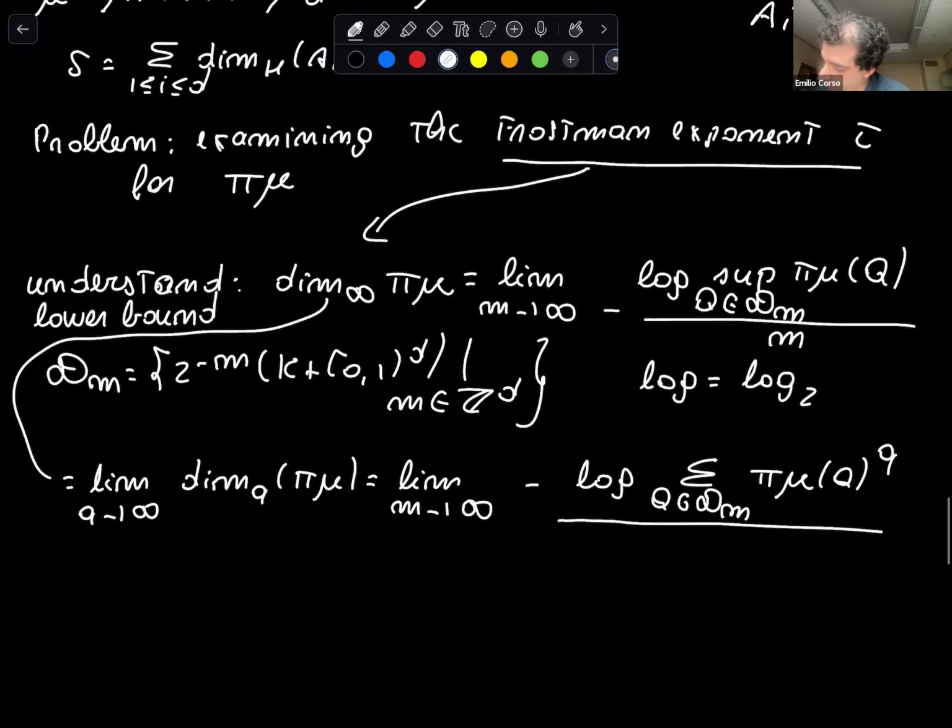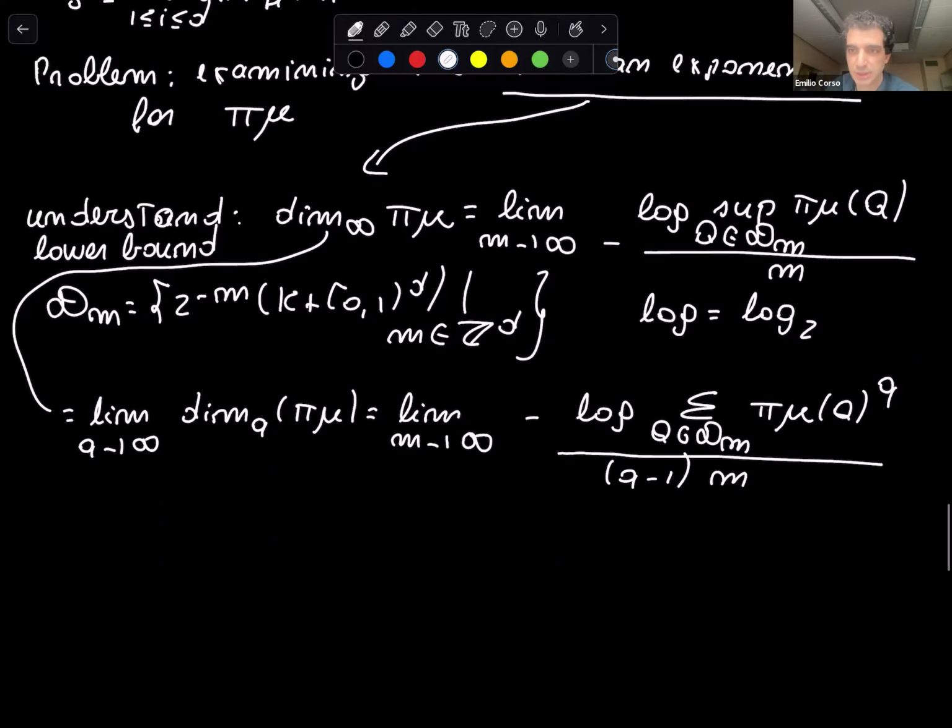The right normalization here is by q minus 1 and then times m. So it's the exponential decay rate of these q moments of the measure.